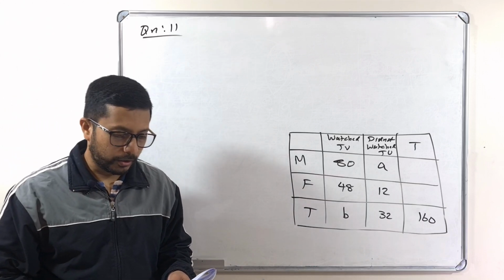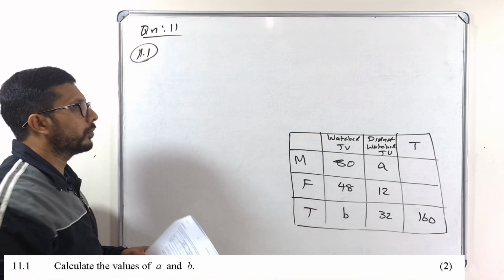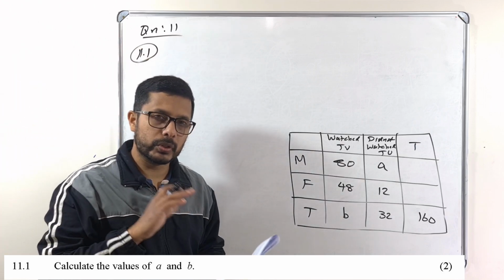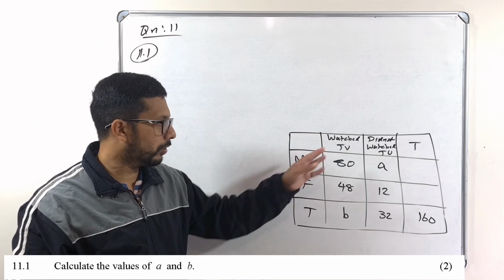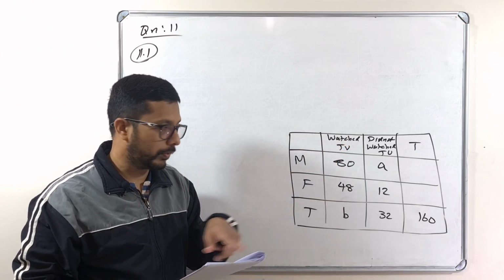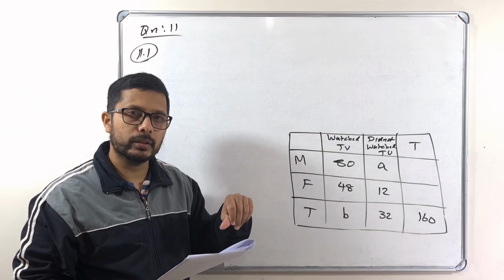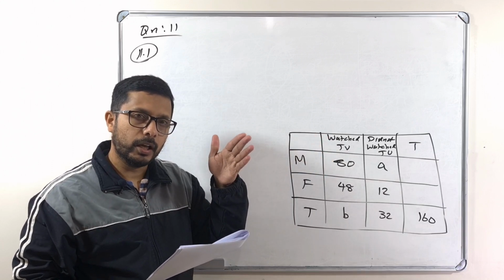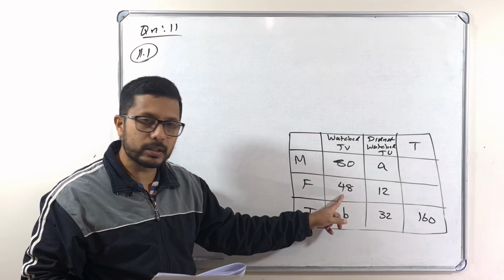Now what is the first question? 11.1. Before you start, you have to understand what the given things are. Look at the question paper. Watched TV during examination: how many males watched, how many females watched?